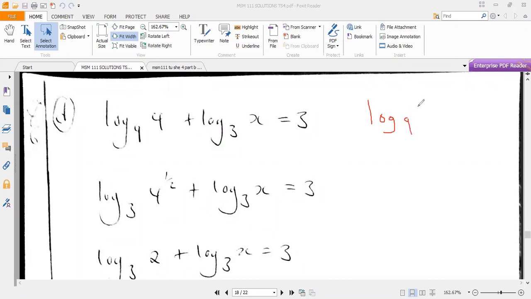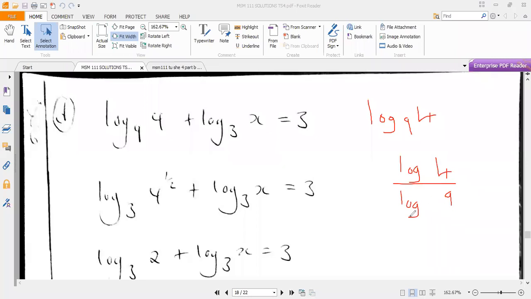If we want to change this to something that we want, we can easily say that we have log base 4 over log of 9. So we have something like that.